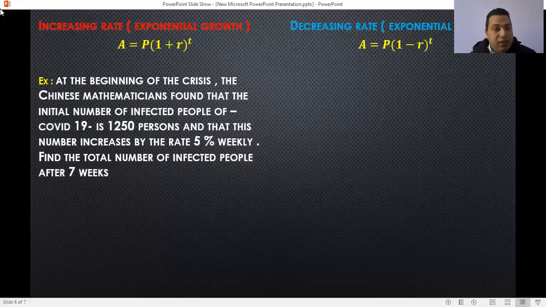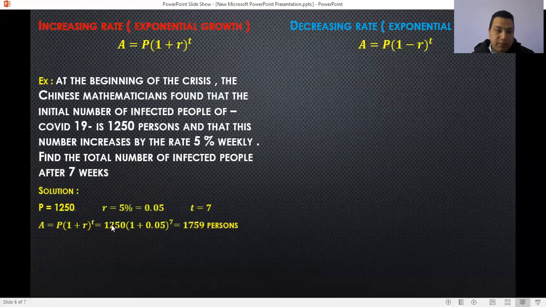If I plug these values in, P, which is the initial value, will be 1,250, and the increasing rate, as he told us, is 5%, which will be 5 over 100, which is equal to 0.05, all to the power T. He wants to find this number after 7 weeks, so T here is 7. As you see, this is our solution: P, R, T, and the formula.